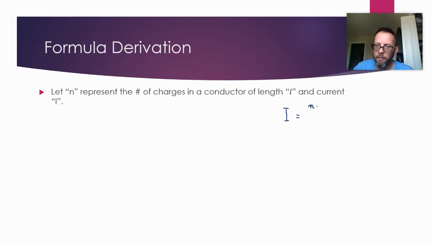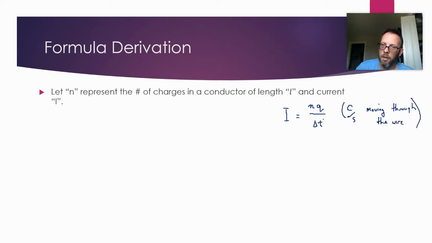It would look like N times Q divided by delta T, because current is coulombs per second. So every second we have N times Q of charge flowing through the wire. We have an expression for I, and we can rearrange that, so Q equals I times delta T divided by N.